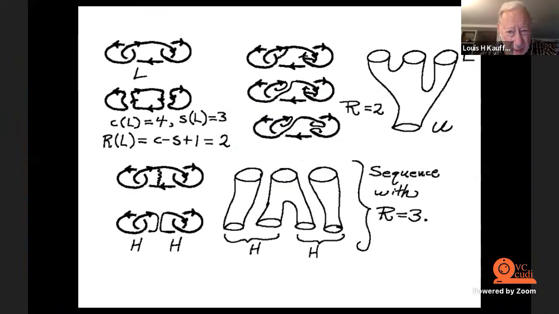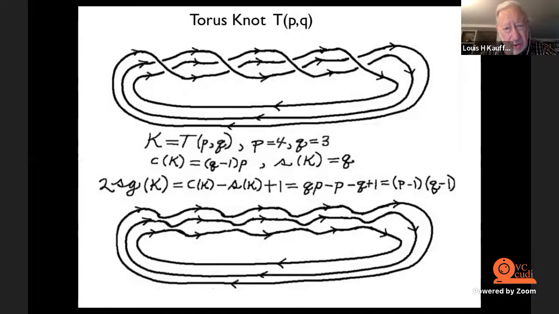Let's make a few more remarks here. Here's a torus knot. Now, in the case of the torus knot, here are the ciphered circles, all parallel to one another, and there are 3 of them in the case of a 3-4 torus knot.